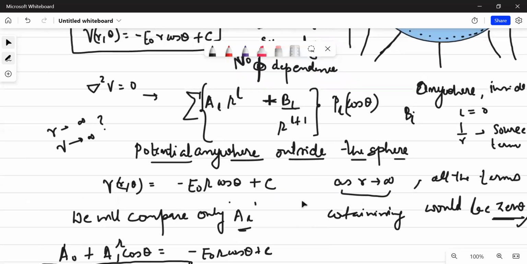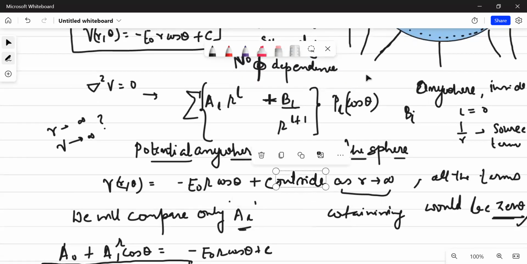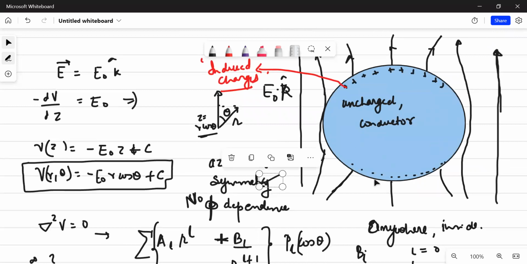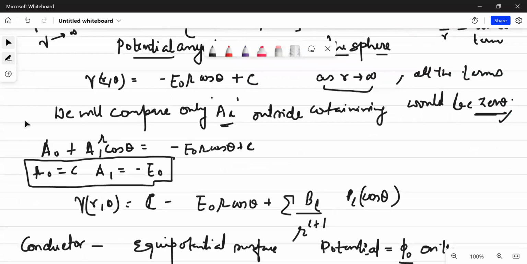See, what is happening? Okay, try to understand my point. What I want to suggest is, if this conductor was not there, your electric field was still there. If the conductor is placed, then as soon as it is placed, because of the external electric field, there would be some induced distribution, and this induced distribution will give rise to some induced electric field inside, isn't it? And this induced electric field would modify my expression of potential.